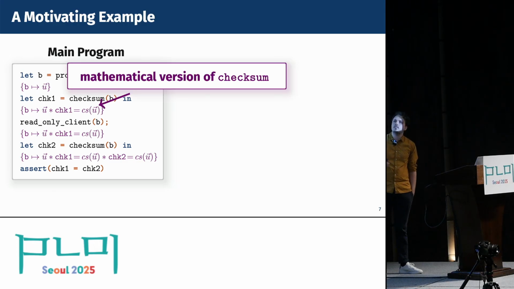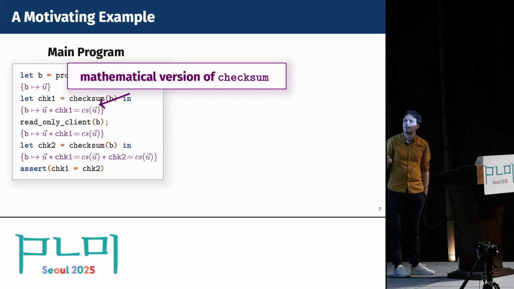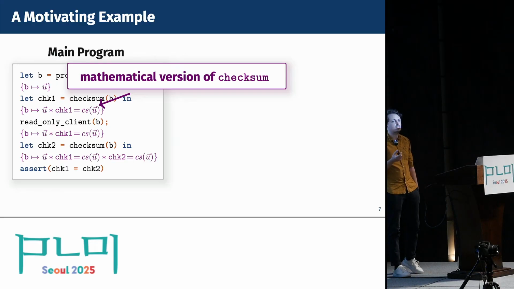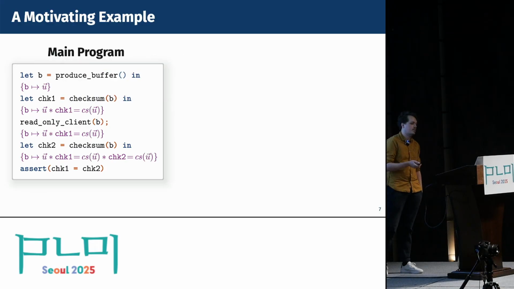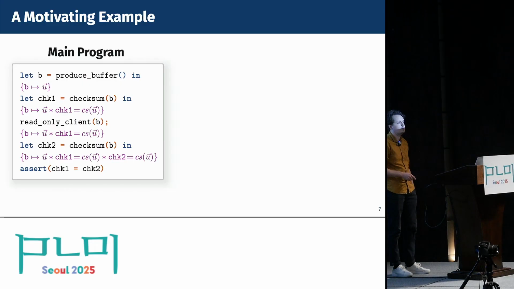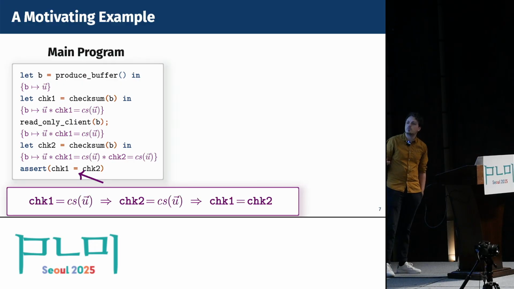So what you would typically do in separation logic is define a mathematical version of the checksum function, CS here, that is then applied to the buffer contents. And we just remember that check1 is CS of u. We call read-only client, and then afterwards we compute checksum a second time, and we remember that check2 is CS of u. And then we can prove that the assert succeeds because check1 is CS of u and check2 is CS of u, so they both must be the same.